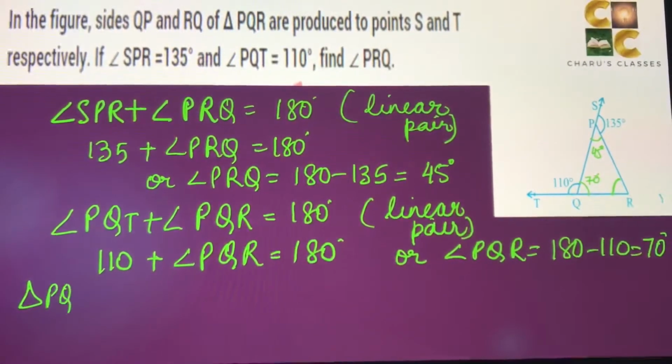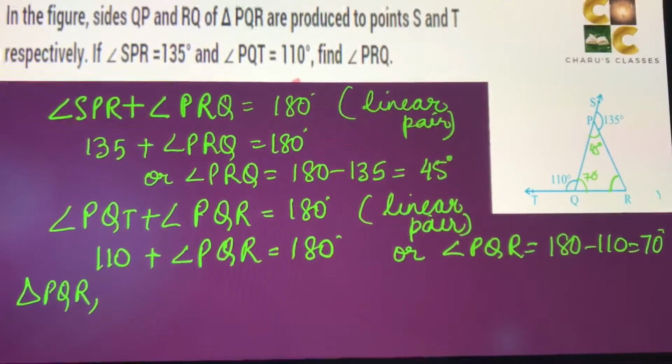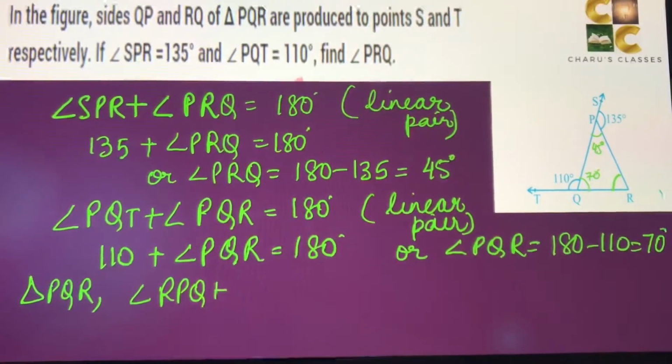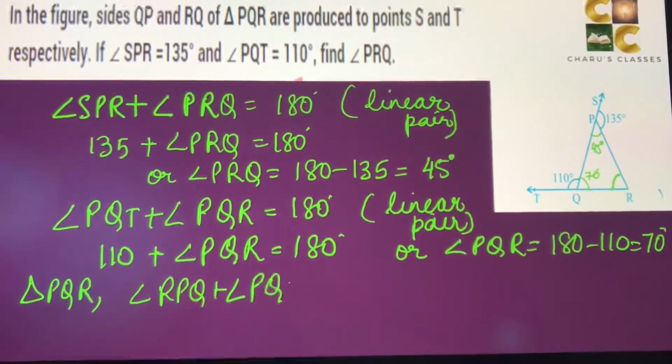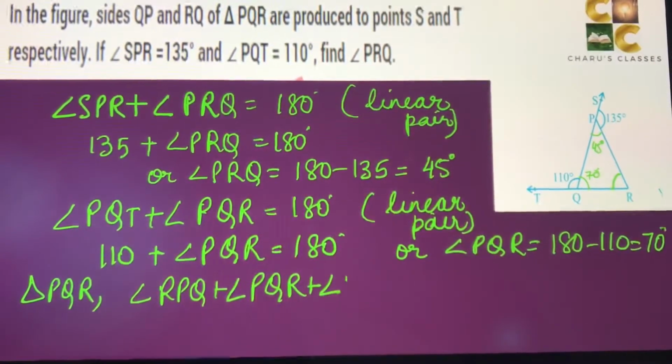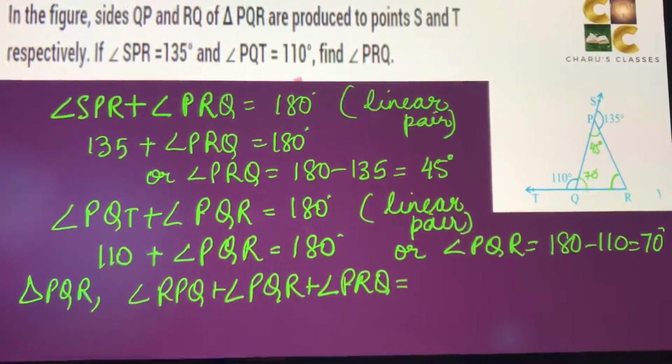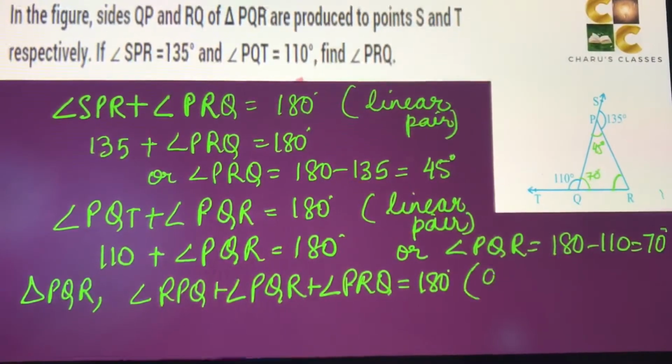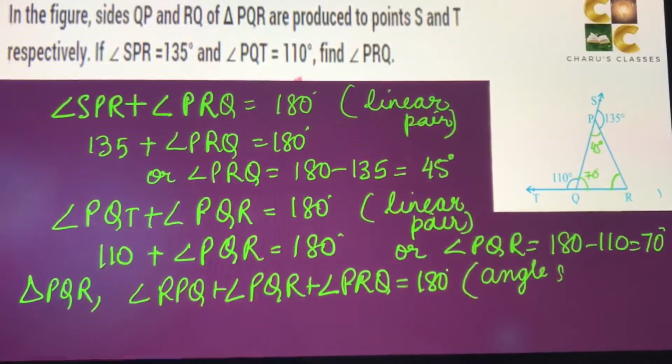Now in the triangle PQR, the sum of angles is 180 degrees. So angle RPQ plus angle PQR plus angle PRQ is equal to 180 degrees, angle sum property of triangle.